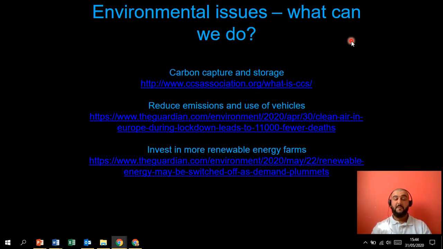And in fact, Canada, for example, last year, from all of its fossil fuel power stations, captured 80% of the carbon dioxide that was produced. So it could be argued that if all countries adopted this carbon capture and storage technique, then actually this disadvantage of fossil fuels might dramatically be reduced.